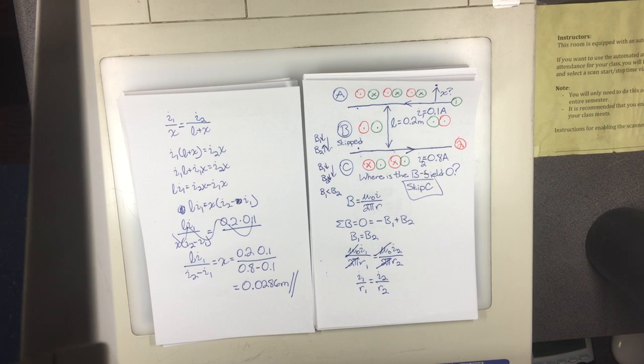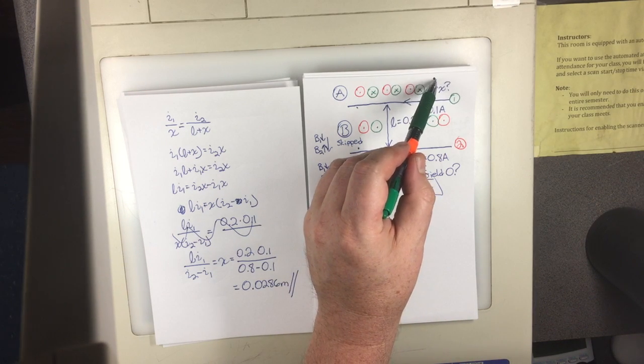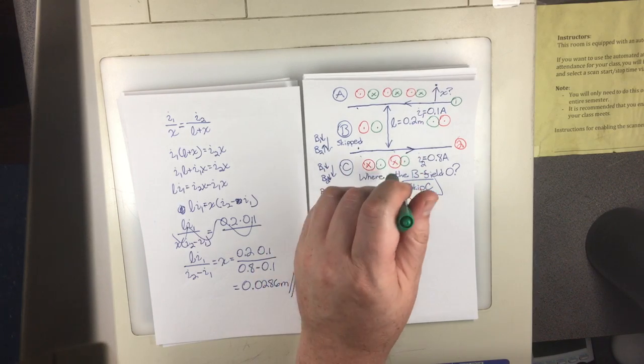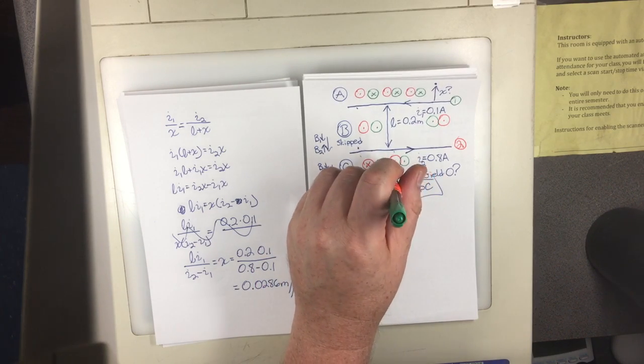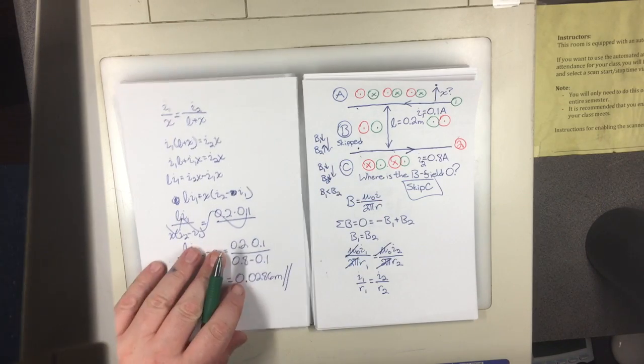What I'm going to do is, when I gave this problem, I did not expect the third category. The first group of people, they did it this way, they got it right, they got their points, and they left. I was happy with that. The second group of people just got it wrong, they didn't know what they were doing, and I expected that, and I was fine with that. The third group said, I don't think that the B field is 0 up here, I think that the B field is 0 down there.